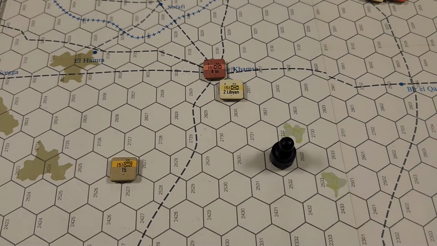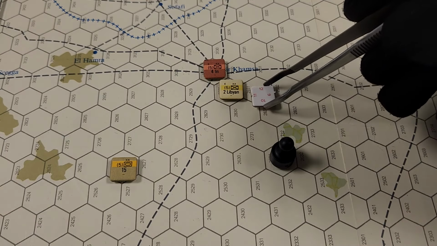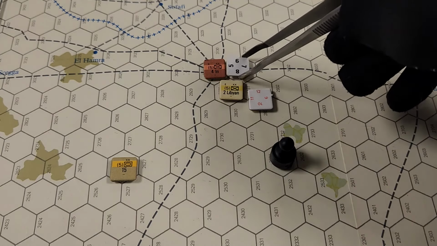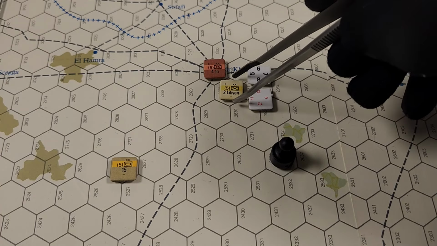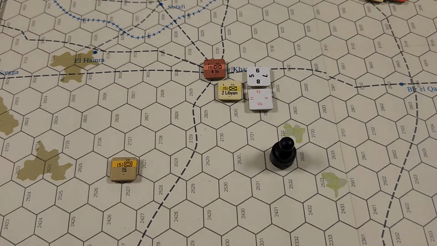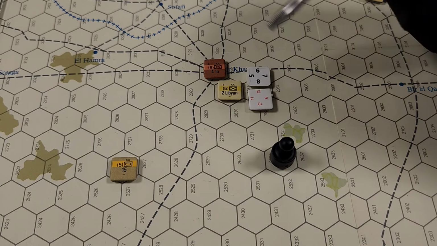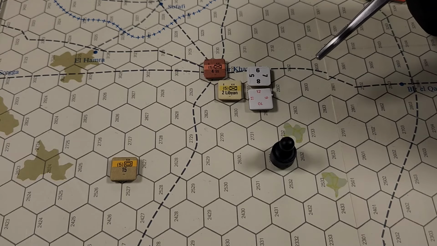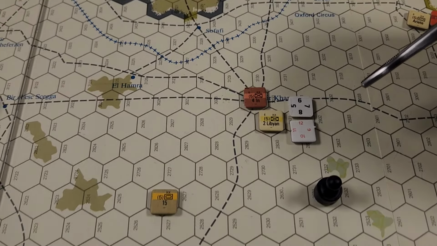So we had 12 breakdown points, and we had 6 CP points that we expended. All right, so that's done. I'm just going to do everything with the Second Libyan.